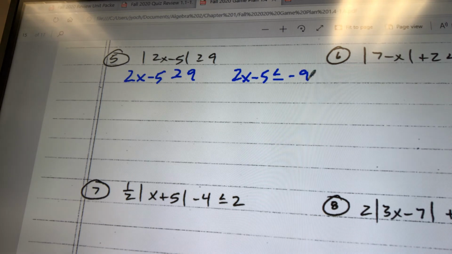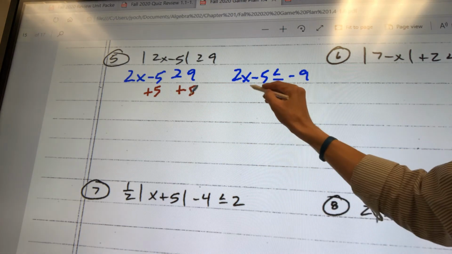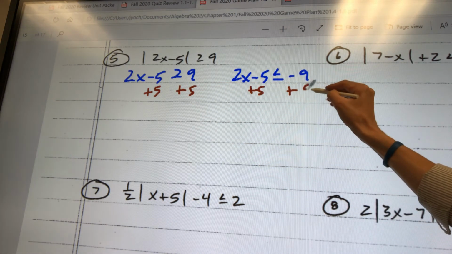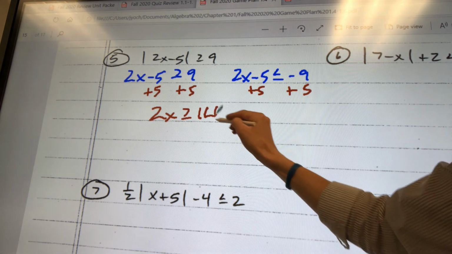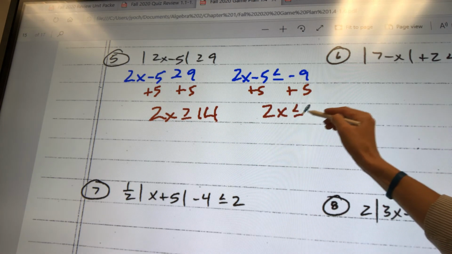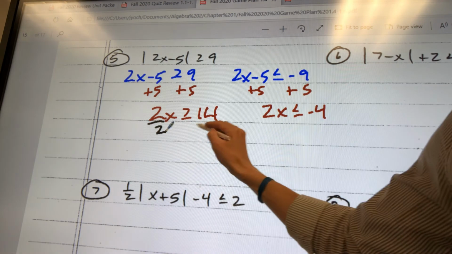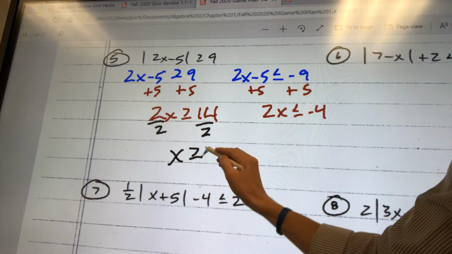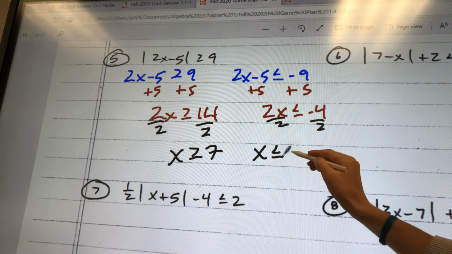Flip that sign. In both equations, I'm going to add 5 and divide by 2. 2x greater than or equal to 14. 2x less than or equal to -4. Divide both sides by 2. X greater than or equal to 7. X less than or equal to -2.